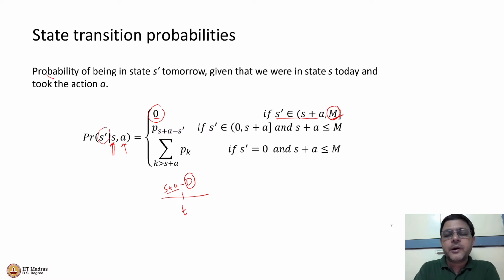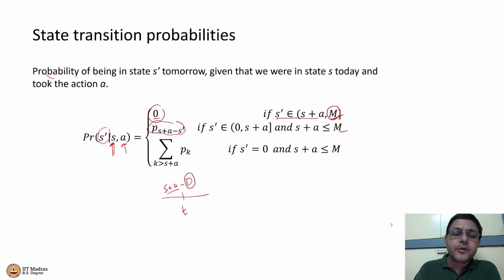Now S prime could be between 0 to S plus A, but S plus A has to be less than or equal to M, because you can carry only M in the warehouse. And therefore that is governed by P of S plus A minus S prime. This is the probability that the demand was actually S plus A minus S prime.